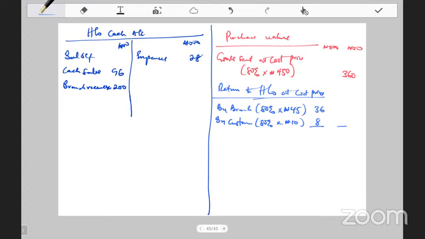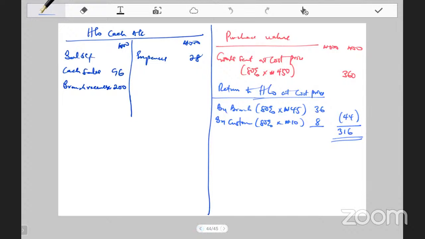What's the upper one? 360. So what's the addition of the two? 36 plus 8. Is that 12? I disagree. 44. So 44 from 360, what will I get? 360 minus 44 will give me 316.